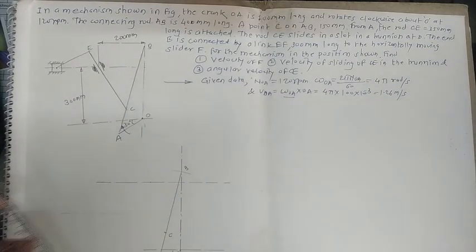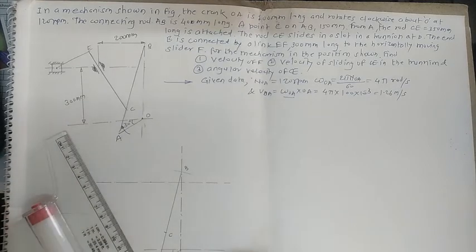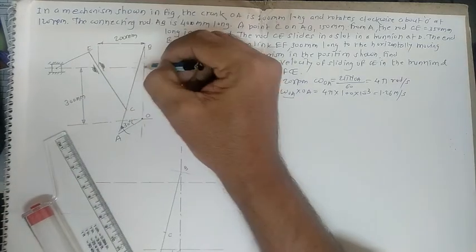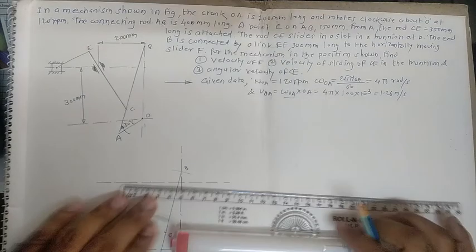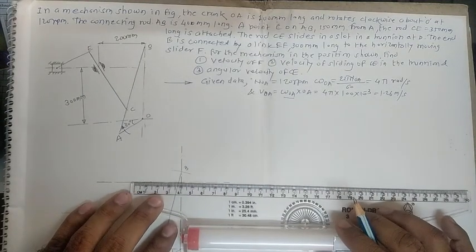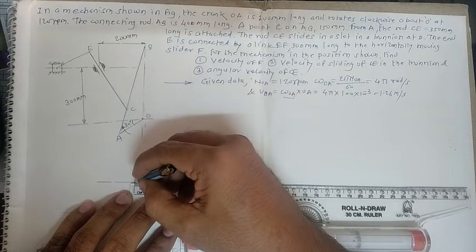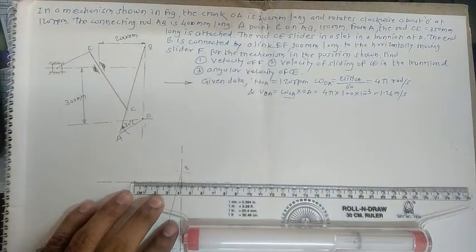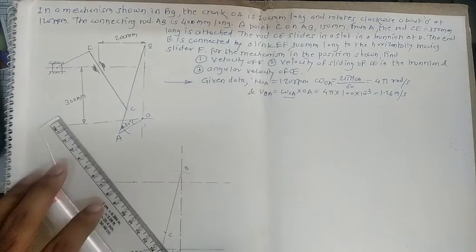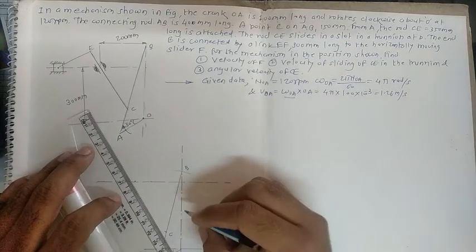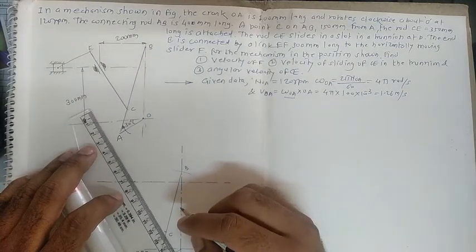Next one, the location of this point with respect to this line is given at a distance of 200 mm, means this must be at this distance. Join this one. C, the length for the C is also given.